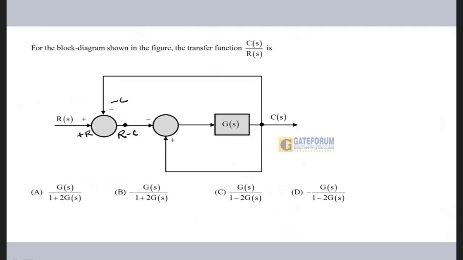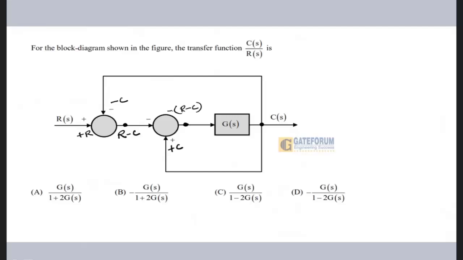And the output of this summer will become, because c is also coming to this feedback, but this is your positive feedback. This was your negative feedback and this one is your positive feedback. So here it is coming as plus c, and here it will be coming as minus of r minus c.